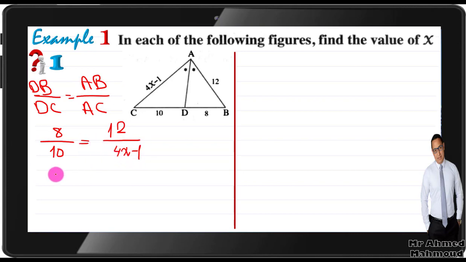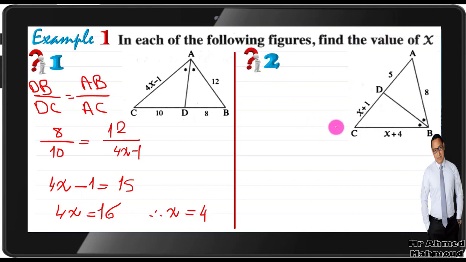So 4x minus 1 equals 12 times 10 over 8, which equals 15. Sending 1 to the other side, 4x equals 15 plus 1, which is 16. Dividing by 4, therefore x equals 16 divided by 4 equals 4, so x equals 4.